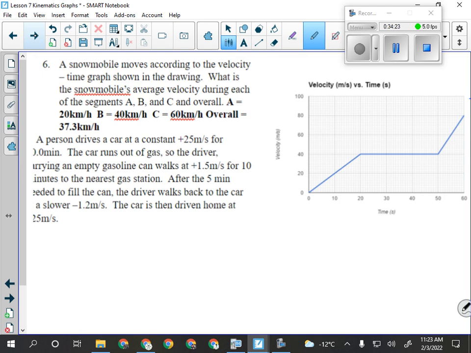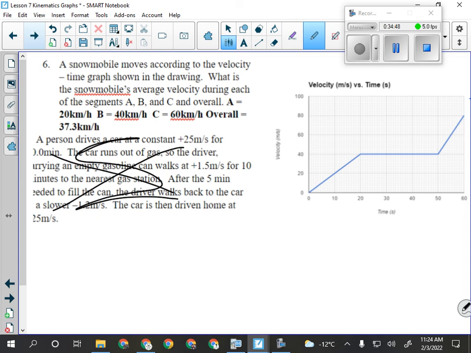All right, I think we'll give this one a try. So a snowmobile is moving according to the graph here. Don't worry about this part. That's not what we're working on. The snowmobile is moving according to that graph, and I don't want you to calculate that stuff.